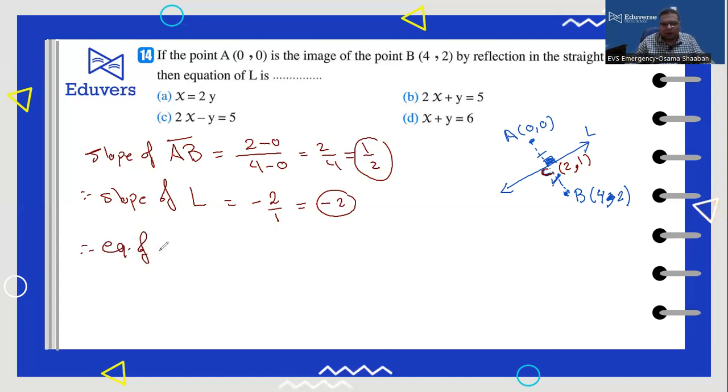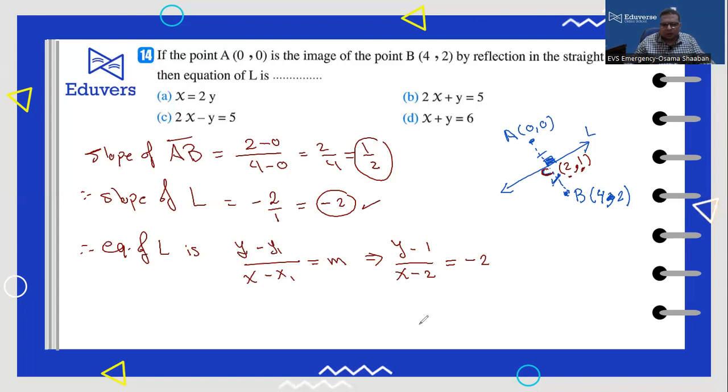The equation of L, you studied before, is y minus y1 over x minus x1 equals the slope. So you have y minus 1 over x minus 2 equals negative 2.